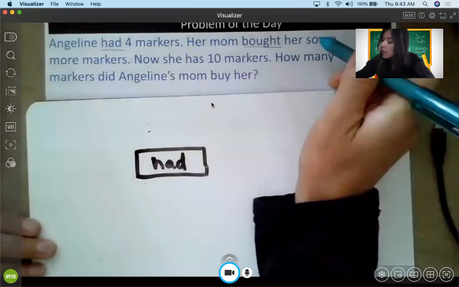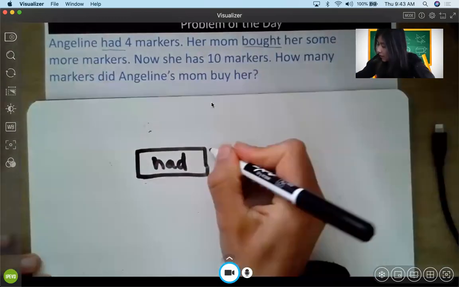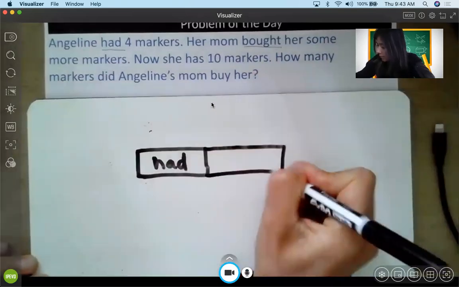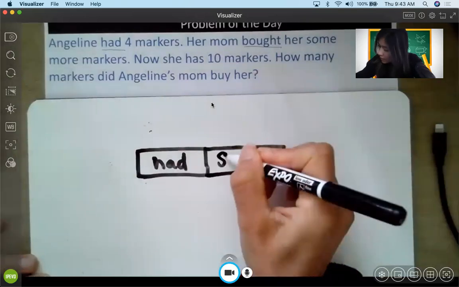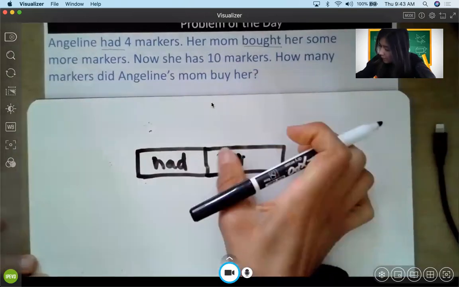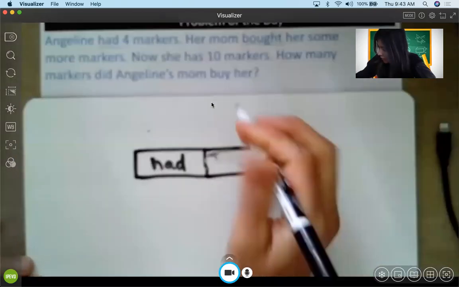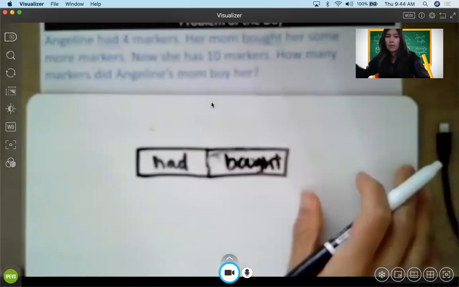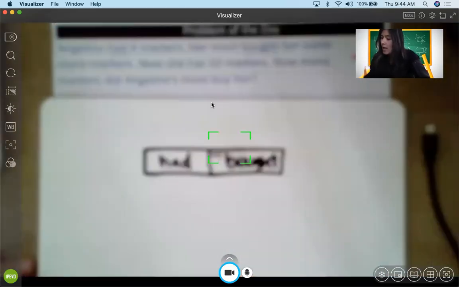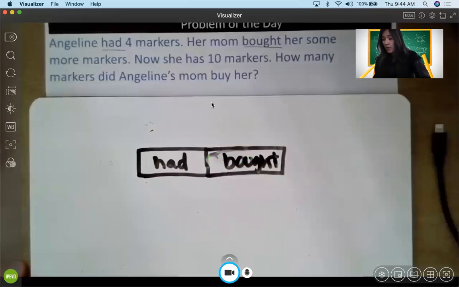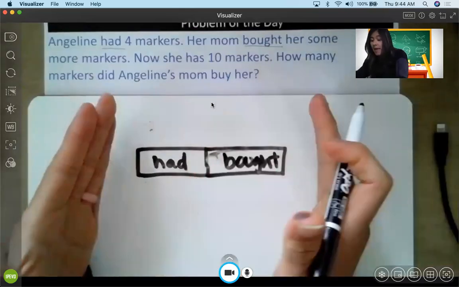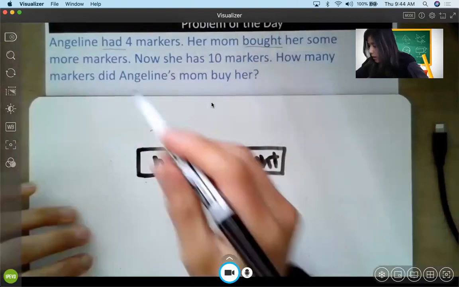So then we join another amount together because her mom bought her some more. Actually, let's put bought because this is the action. This is the verb. Bought. Okay? Now she has 10 markers. So now in total, taking what she had, joining the amount that her mom bought her, now she has.